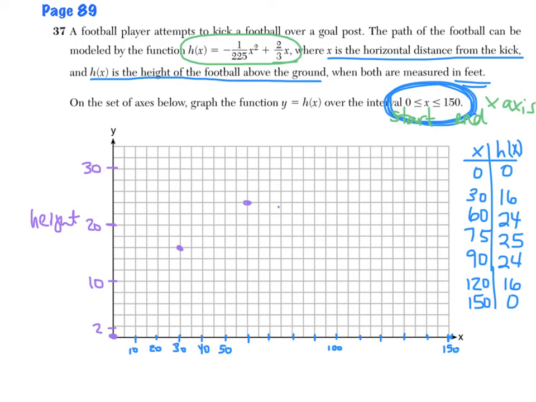And 25 would be just above 24, in between 24 and 26. 90, 24, 120, 16, and lastly 150, 0. So you can very nicely see the arc, the parabola that we can connect as our graph.